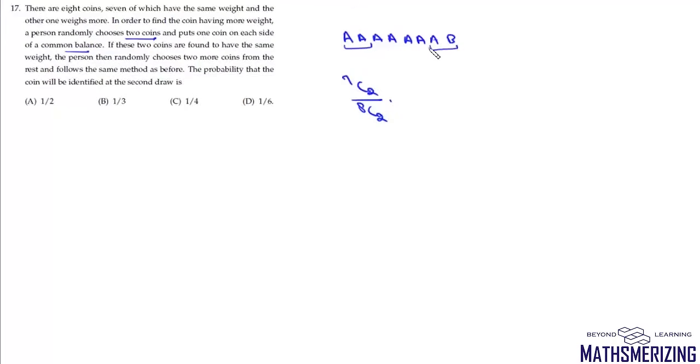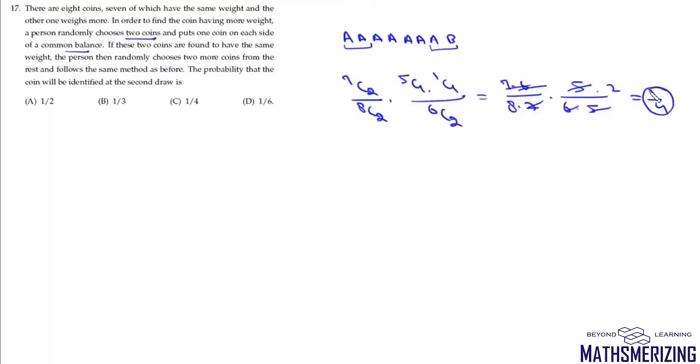So from these remaining 5, we'll select 1 and then we'll get this as 5C1 divided by 6C2, from any remaining 6. So this is 7, 6 and it is 8, 7. This is 5 and this is 6, 5 into 2. So this 5 will cancel, 6 will cancel, 7 will also cancel. So this probability will be simply 1 by 4, and that's your option number C.